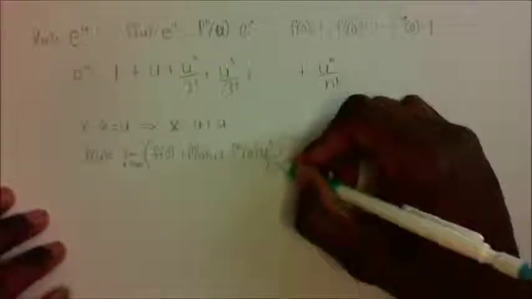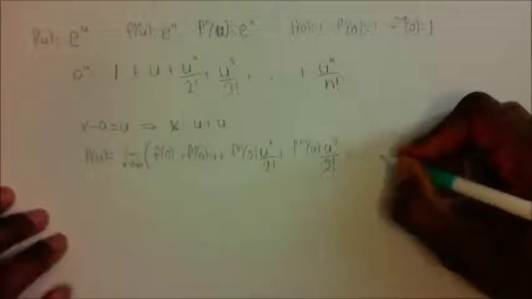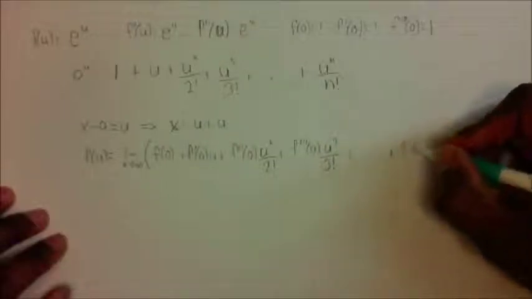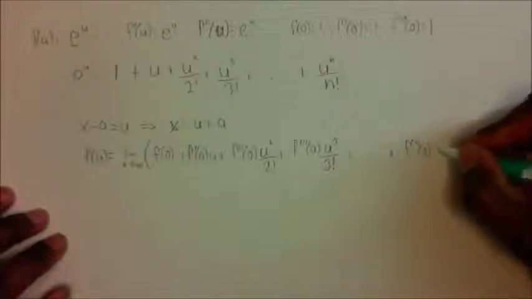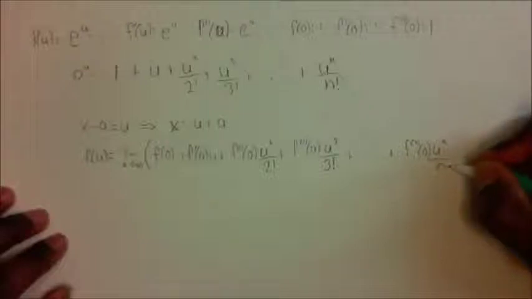By the way, 2 is also equal to 2 factorial. Plus on and on, plus the nth derivative of 0 times u to the n over n factorial.